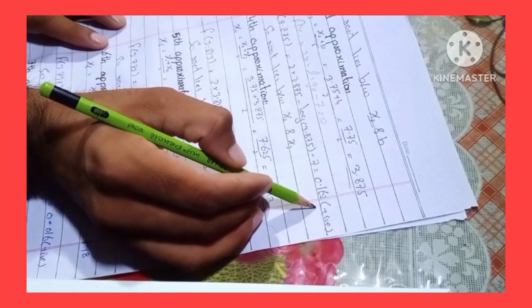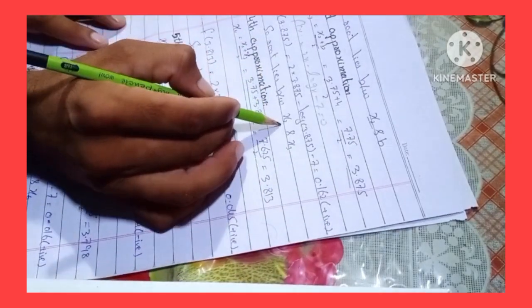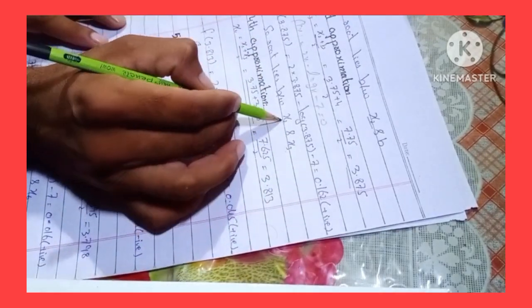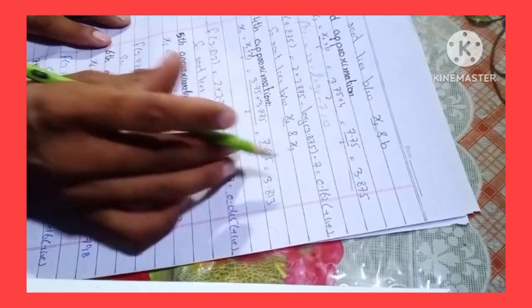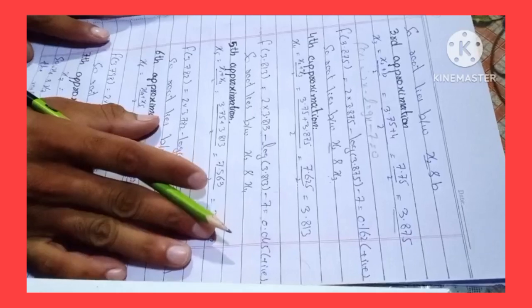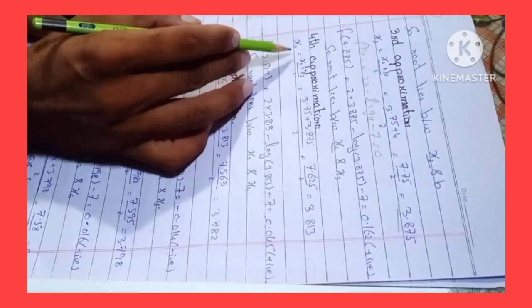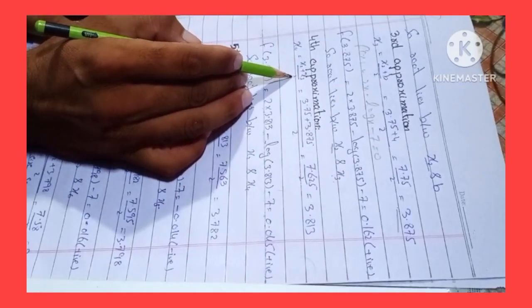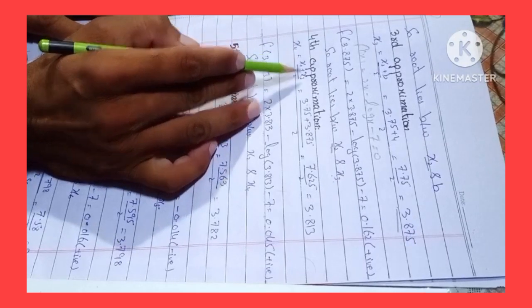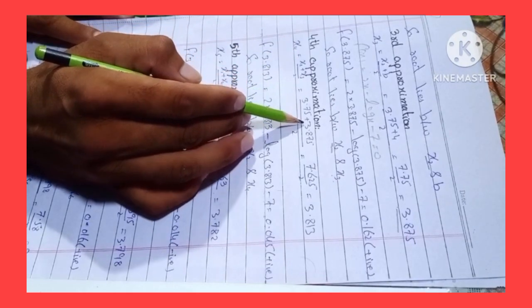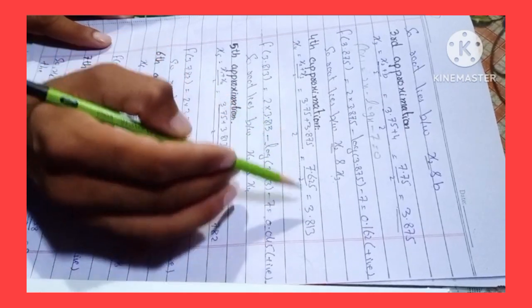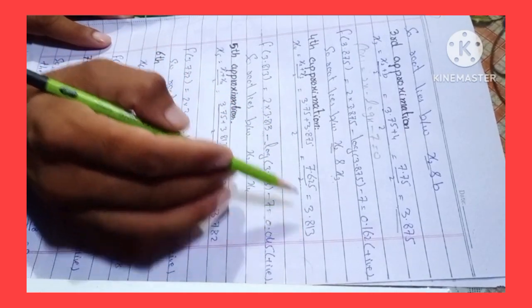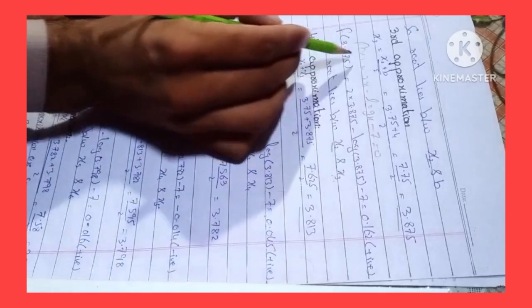Its answer is positive, so the root lies between x2 and x3, because x2 is negative and x3 is positive. The fourth approximation is (x2 plus x3) divided by 2, putting in x2 = 3.75 and x3 = 3.875, divided by 2. Its answer is 3.813.